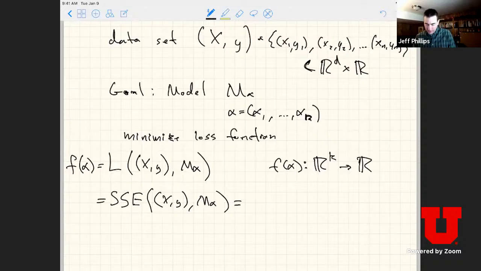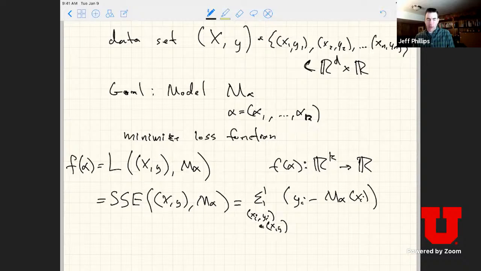To recall, this is all the x_i, y_i in this data set, the sum over all of these terms of y_i minus the model m_alpha at x_i, squared.